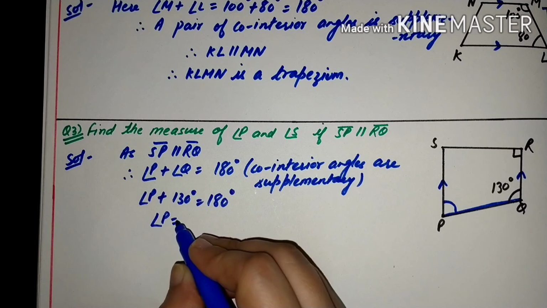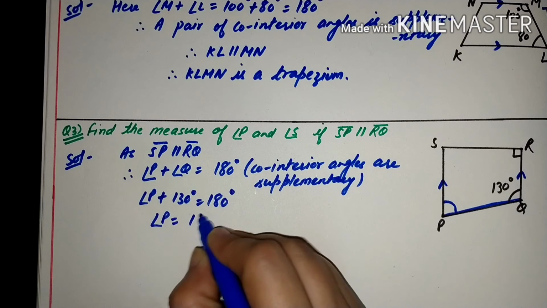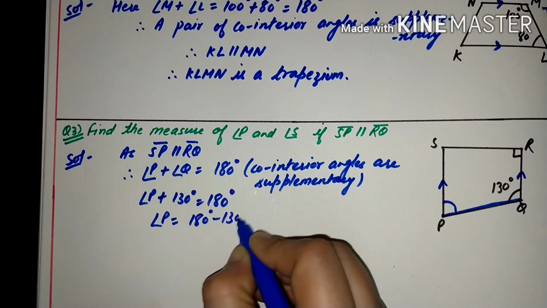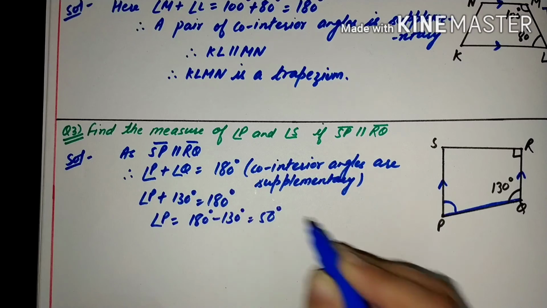So angle P is equal to 180 degree minus 130 degree, that is 50 degree.